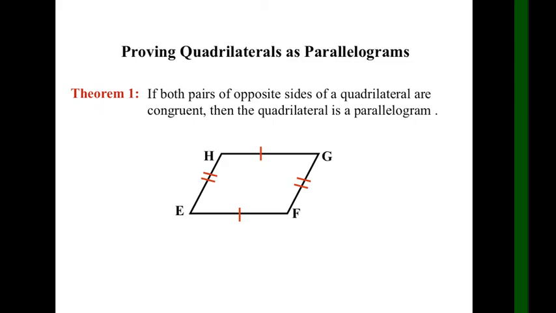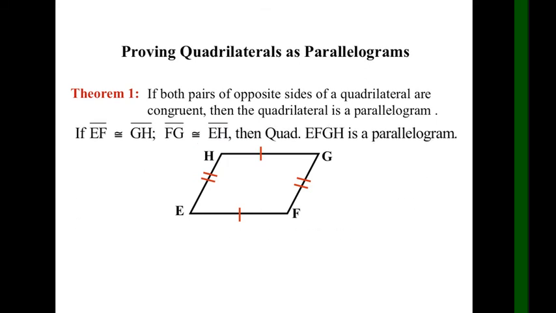Yung EH tsaka FG congruent, HG at saka EF congruent din. So this is a proof that the given figure is a parallelogram. If segment EF is congruent to GH and FG is congruent to EH, then quadrilateral EFGH is a parallelogram.